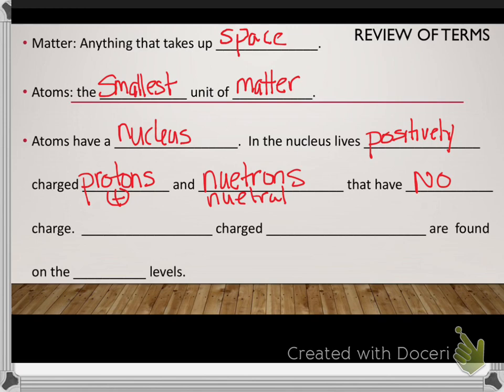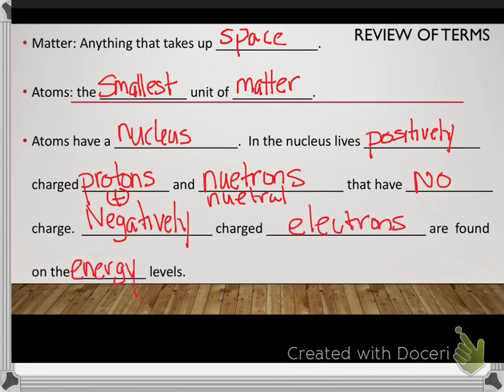That's how I keep those two straight in my head. And electrons are negatively charged. So negatively charged electrons are found on the energy levels, which are like the circles that float around the nucleus. So those are just refresh-your-memory type of terms.